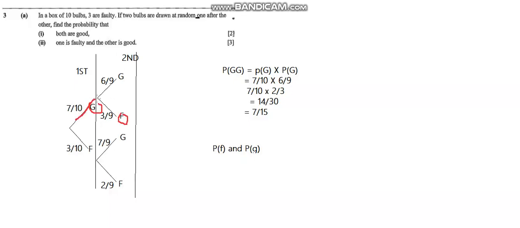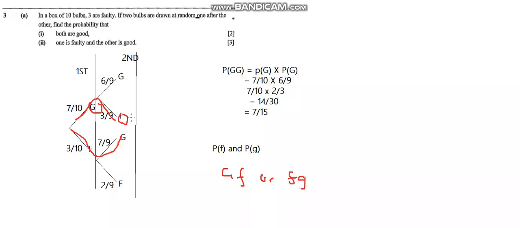We also have another, fault then good, like that. So we actually have two possible outcomes. The first one is GF or FG.